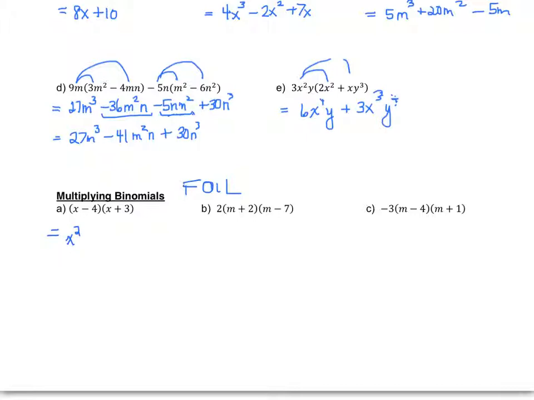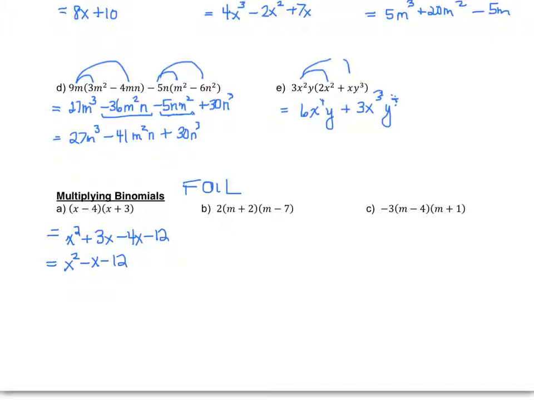Then the outside terms. So x times 3 plus 3x. Then the inside terms. So negative 4 times x is minus 4x. And then the last terms in each bracket, which gives you negative 12. Combine your like terms. So we'll have x squared minus x minus 12.